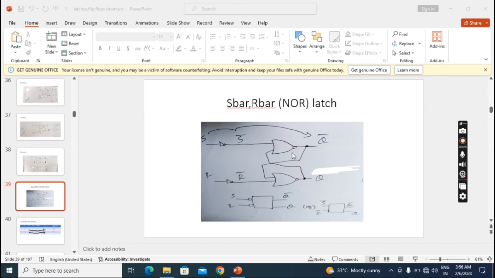I give SR values, they become inverted and go to the NOR latch, so that I get the output accordingly. And straight to S and R I have to connect Q and Q bar, which is the construction of the NOR latch. And in the symbolic diagram, if I show SR you have to use bubbles, but if I show S bar R bar you need not use bubbles.